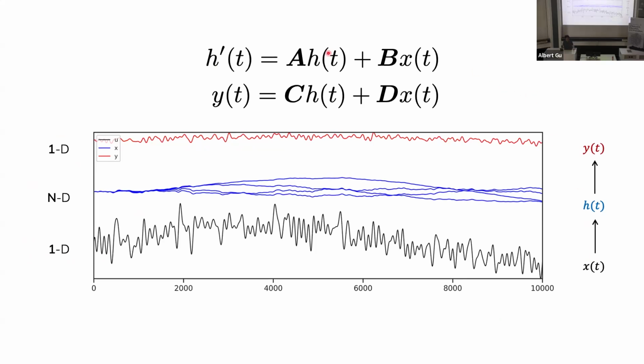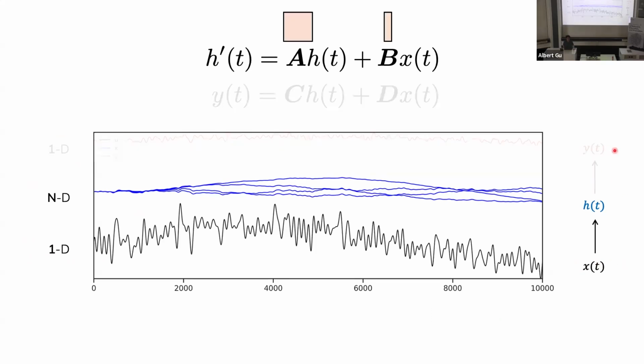So these equations in total, again, we're going to think of as a black box transformation from this input sequence x of t to this output sequence y of t. Now these two equations are going to factor it through a latent state. The first equation is going to take the input to a higher dimensional latent state called h of t.